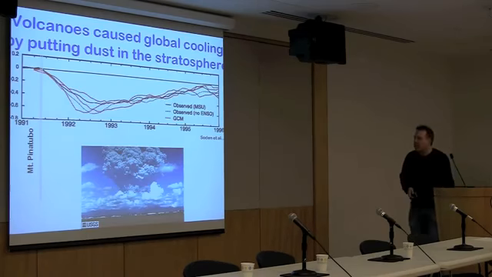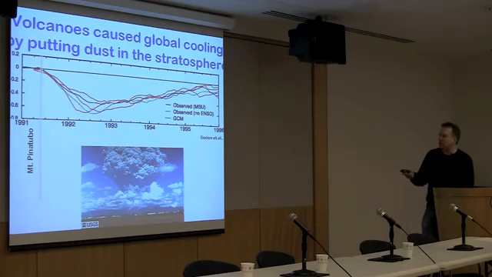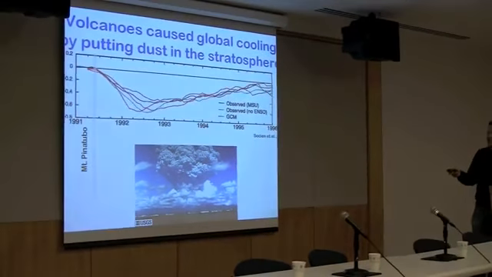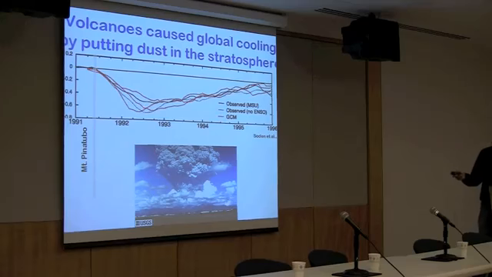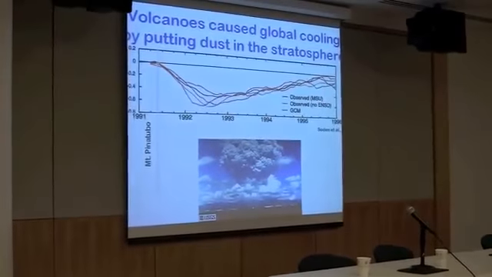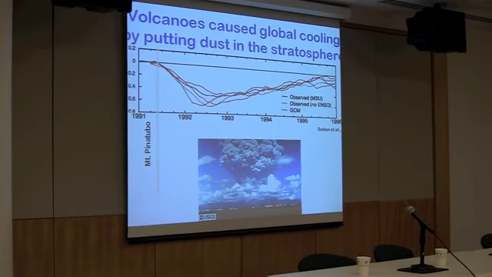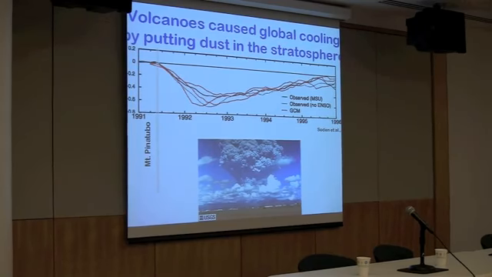In June 1991, there was a huge volcano known as Mount Pinatubo, and the next year, the Earth cooled around half a degree Celsius, which is about 1 degree Fahrenheit. The material fell out of the stratosphere within about a year or so.